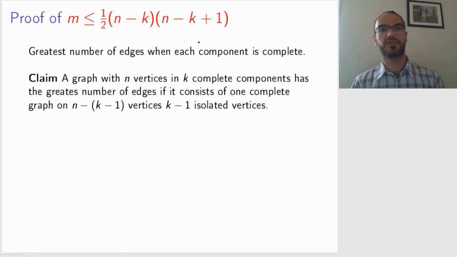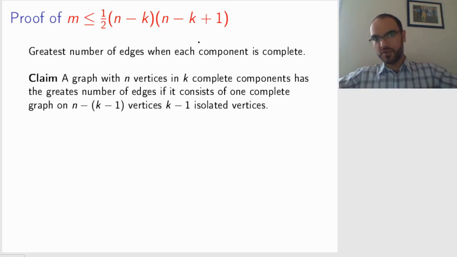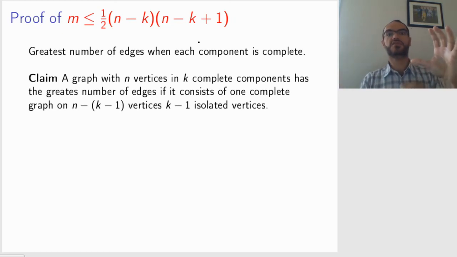Now I claim the following: if you have a graph with k complete components, the way to achieve the greatest possible number of edges is not to have one component, say, on 3 vertices and one of 4 vertices. No, what you want is to have one giant component with all edges sitting in this component, and all other components are just isolated vertices with no edges.